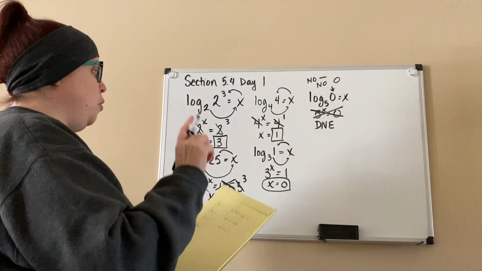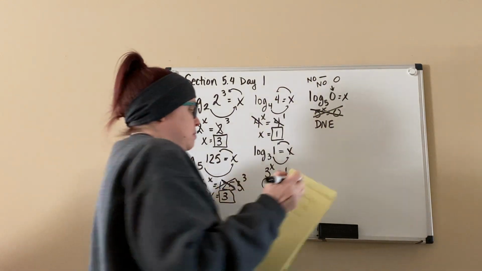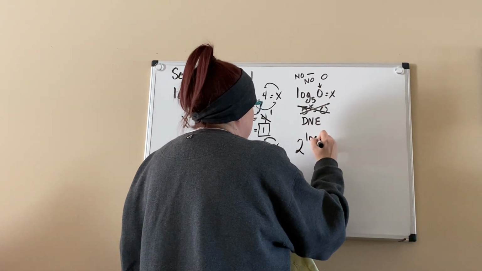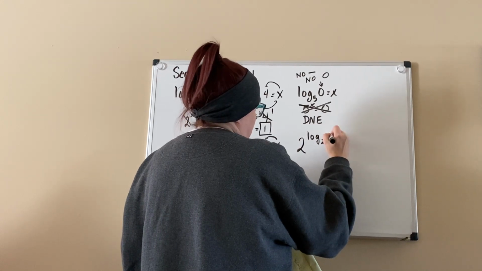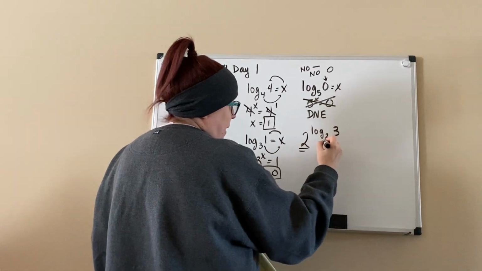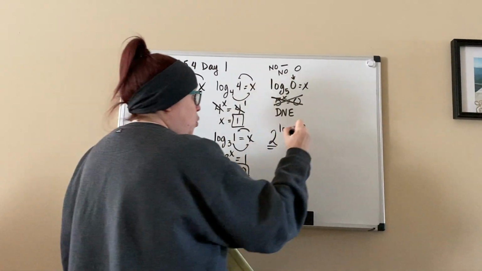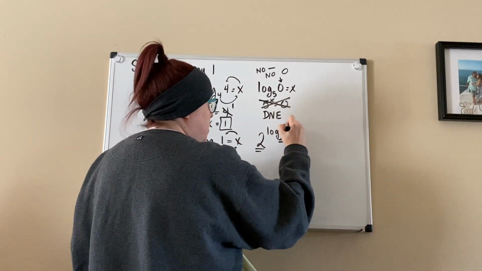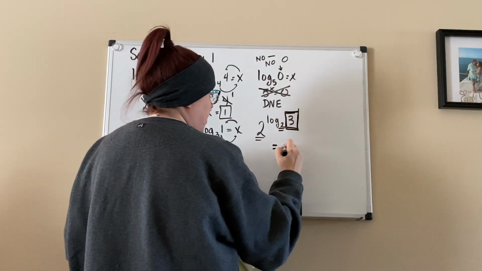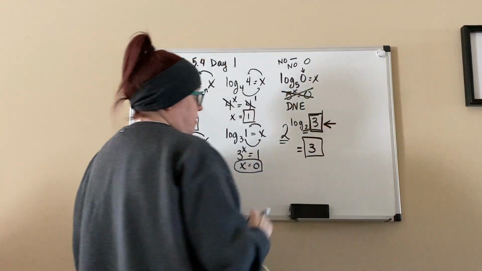All right, and so there's one more little rule, and it's kind of what I always saw as the silly rule for logarithms, and it's in exponential form. If you've got 2 to the log base 2 of, let's say, 3 power, as long as this matches this, your answer to this problem will always be whatever is in this position.